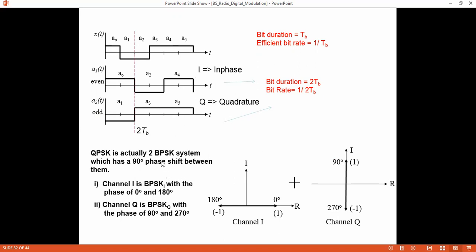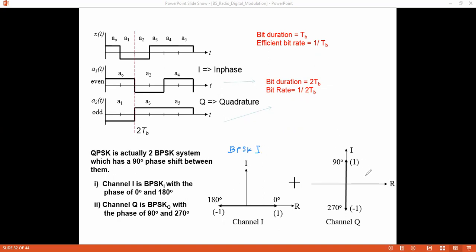So the combination of these two BPSKs, BPSK I and Q, and you can see the constellation diagram of this. This is BPSK I, where the phase is between 0 and 180 degrees.